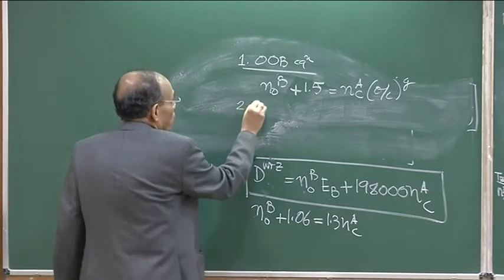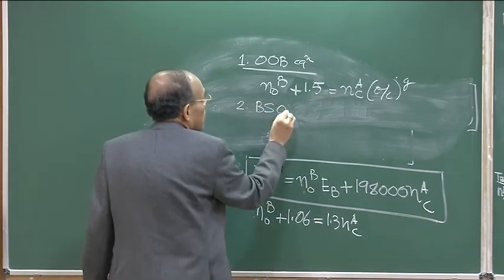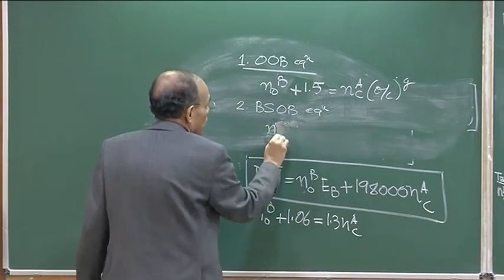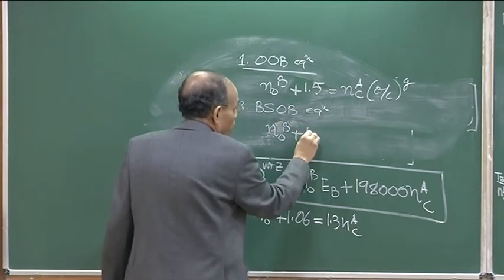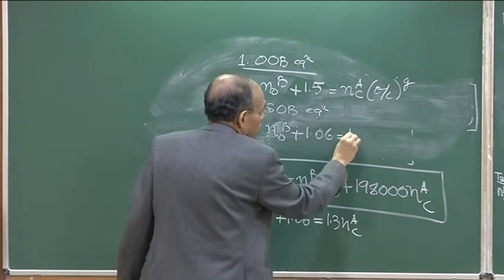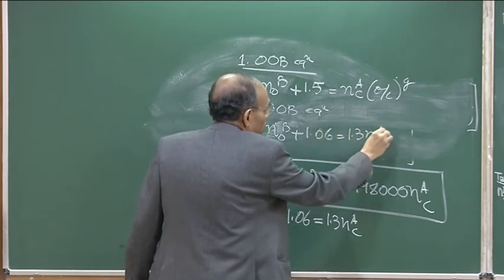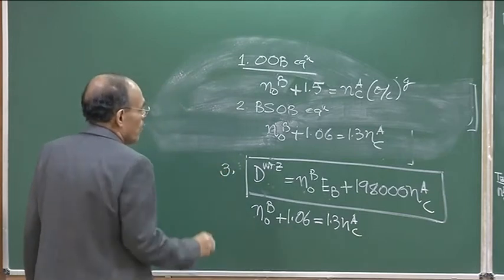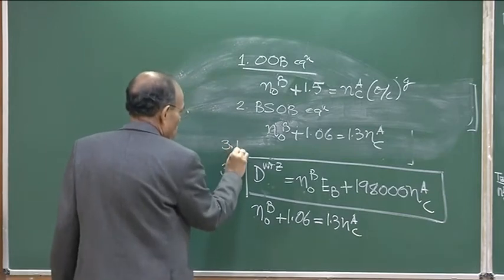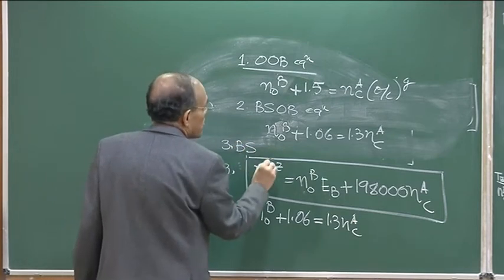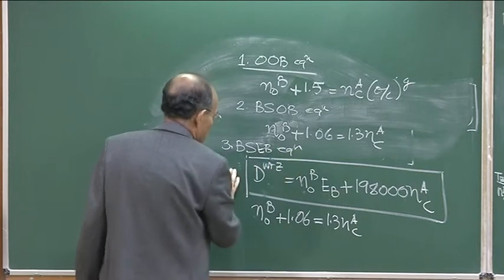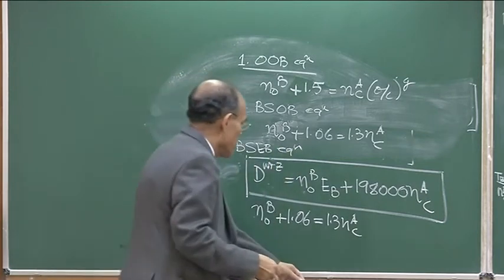Number 2, the bottom segment oxygen balance equation, which gives us NOB for the same idealized condition equal to 1.3 NSC. And the third equation that we have derived is the bottom segment enthalpy balance equation, the EB equation, and that is the value here.